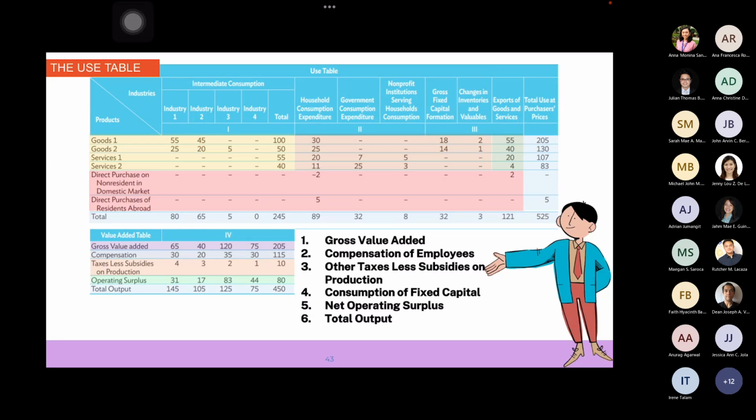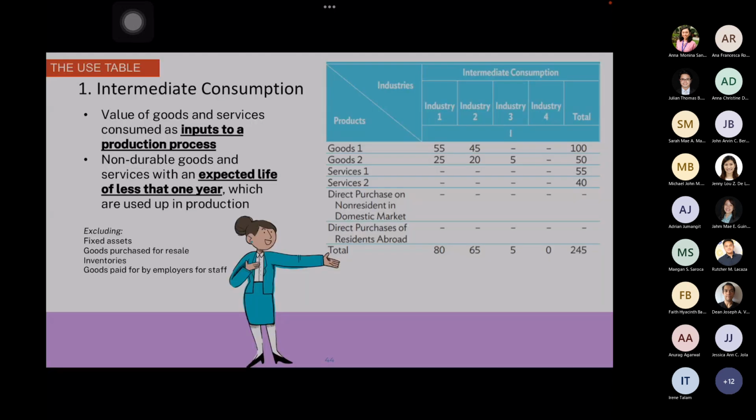Okay. So first, let's discuss intermediate consumption. So for this one, it answers how much of good one does industry one purchase for further production. So it is the value of goods and services consumed as inputs to a production process. And this includes non-durable goods and services within an expected life of less than 1 year, which are used up in production by industries.